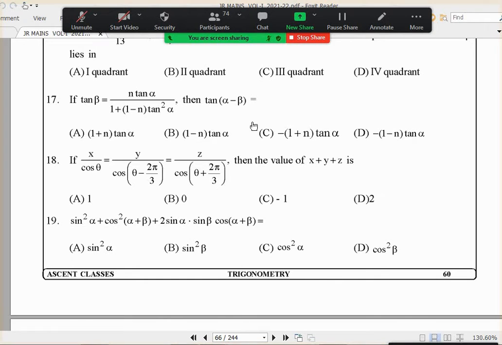Okay, 17, they gave tan beta is equal to n tan alpha by 1 plus 1 minus n into tan square alpha, and tan alpha minus beta.